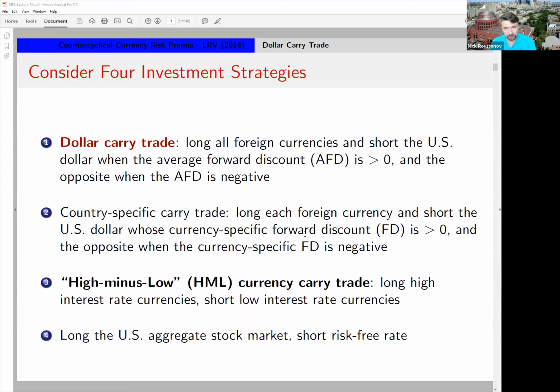And what we showed is that this dollar carry trade, which is formed by going short the dollar when this AFD is positive and long the dollar when this AFD is negative, is a highly profitable trading strategy.